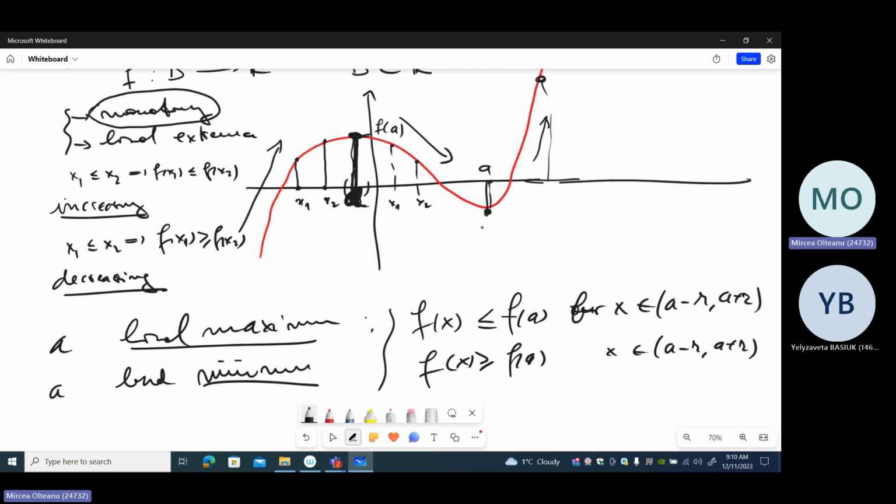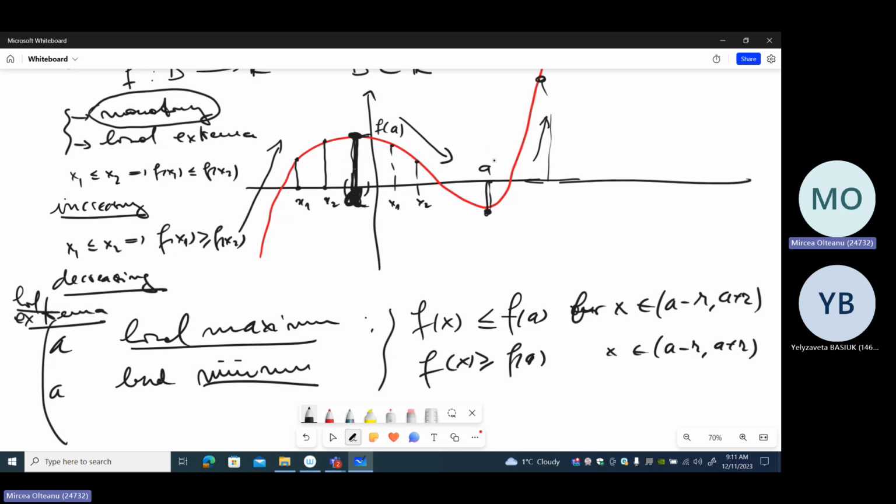On this picture, this A here is a local maximum, while this one here is a local minimum. This is called an extremum point. So these are local extrema. Local extrema could be local maxima or local minima.